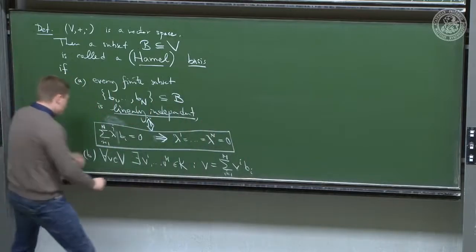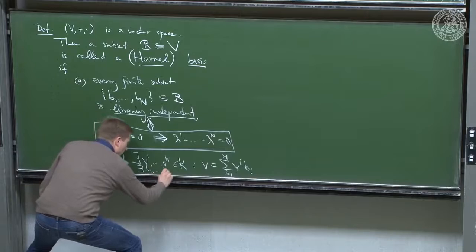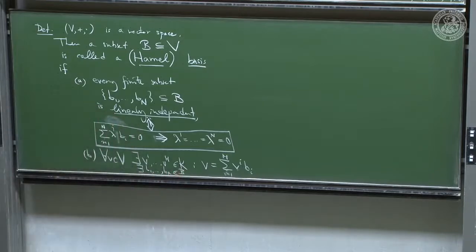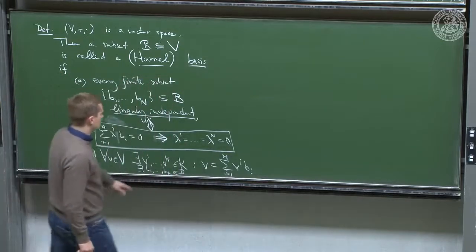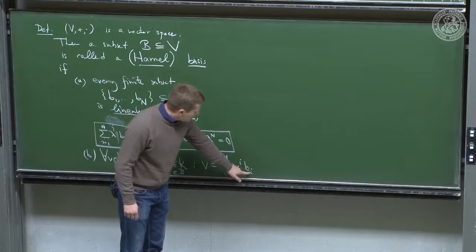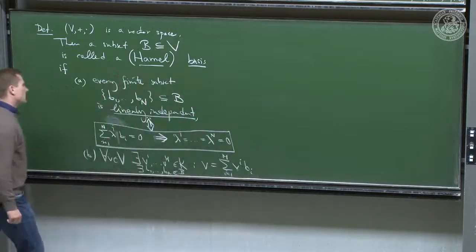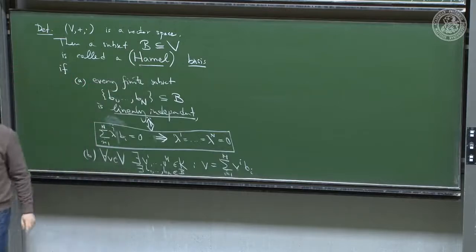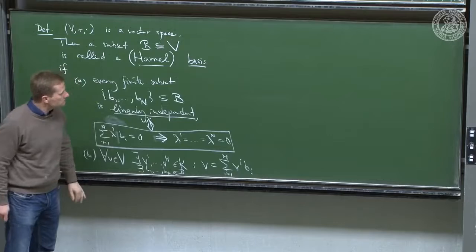There exist these scalars, and there exist as well b1 to bM elements of this B, again a finite subset, so that the vector can be written as a finite linear combination, but the elements you choose to construct the linear combination may be taken from the possibly big set B. And this is called a Hamel basis.